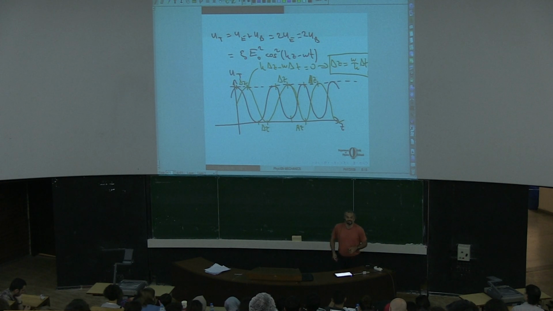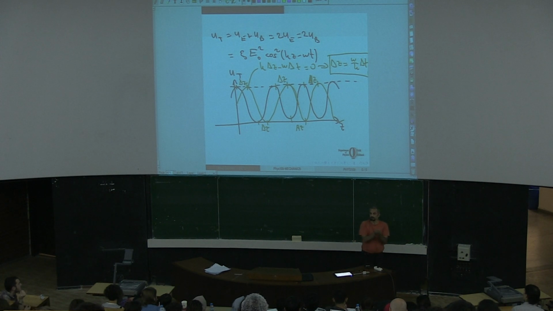Now, we have this energy density. So if you just imagine some volume over here, this volume will have a total energy in it. And this energy itself will be moving at the speed of light.